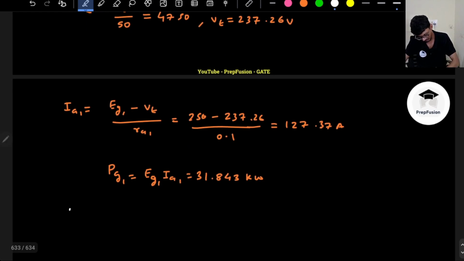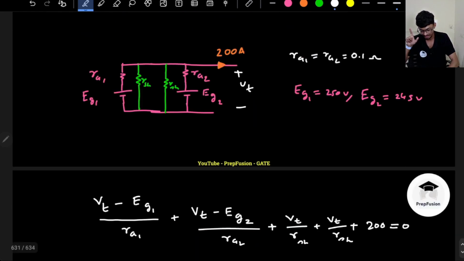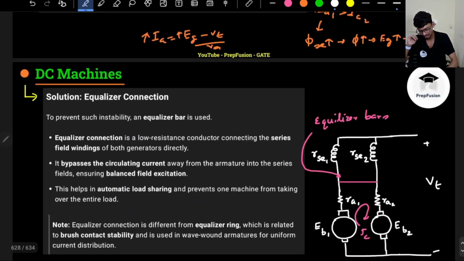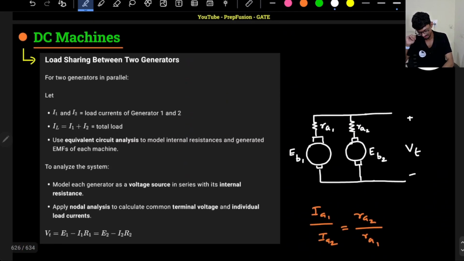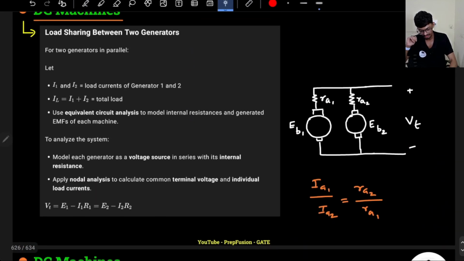The same you can apply for Ia2. It will be (Eg2 minus Vt) divided by Ra2. In this case, in this characteristic, we assume that the shunt is not present. If the shunt is present, then this will not be the correct analysis.